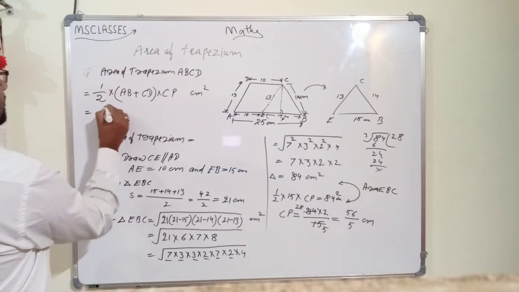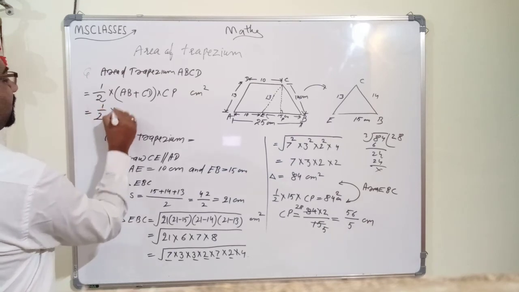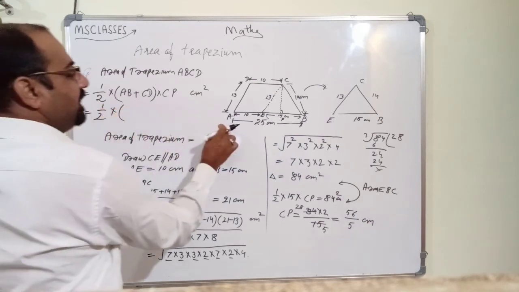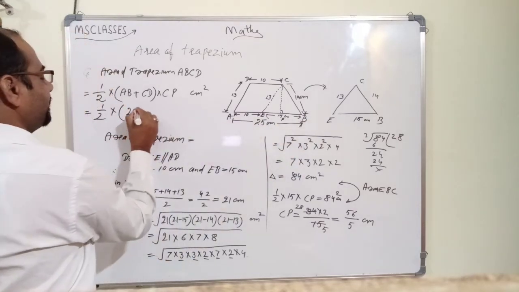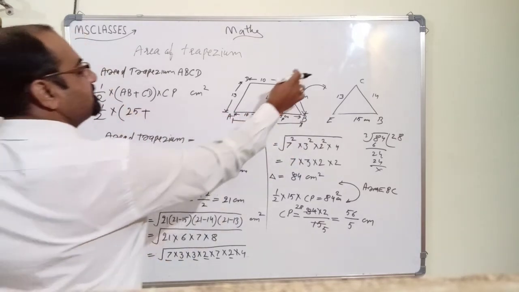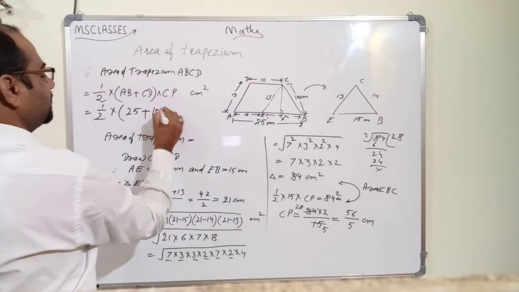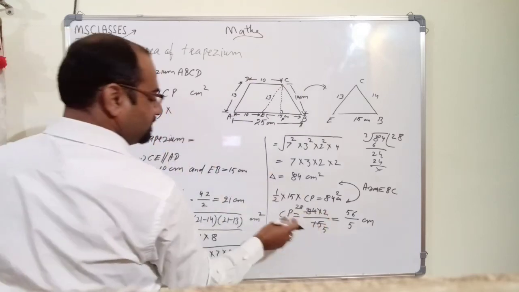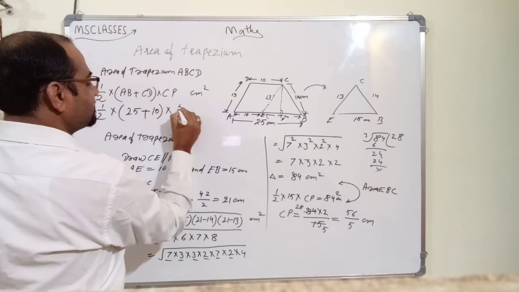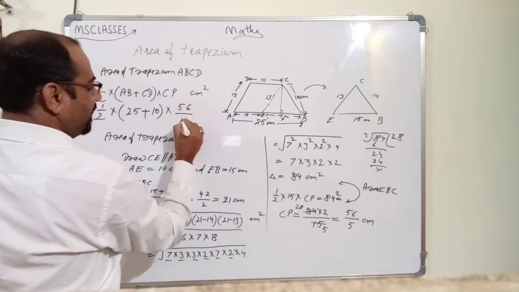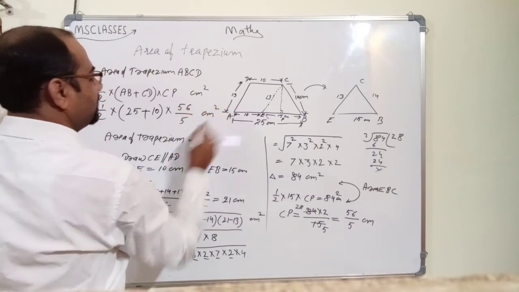Now this is equal to 1 by 2 into AB is equal to 25 plus CD is equal to 10 into CP is equal to 56 over 5 centimeter square.